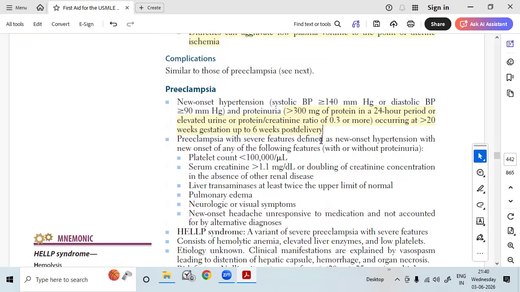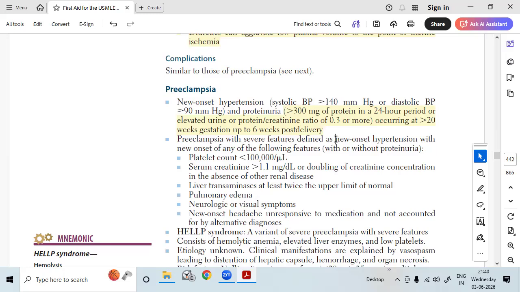Preeclampsia with severe features is defined as new onset hypertension with new onset of any of the following features, with or without proteinuria.